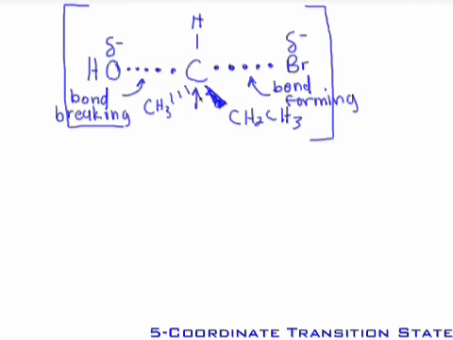Carbon's sp². And this is called the transition state. The double dagger at the top simply means transition state. It's 5-coordinate because there are 5 groups.